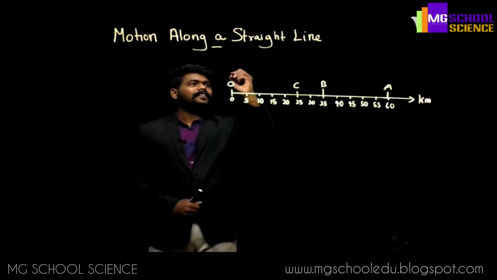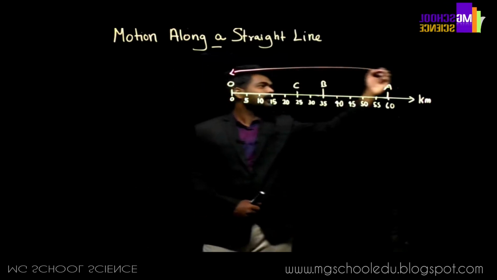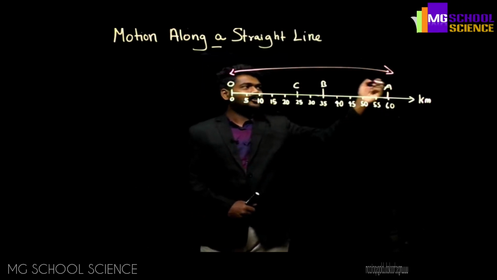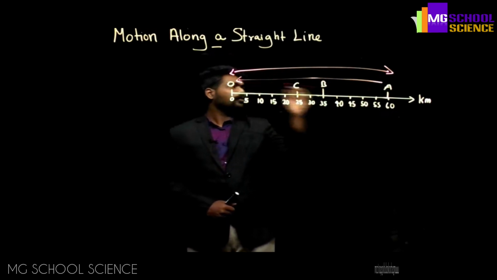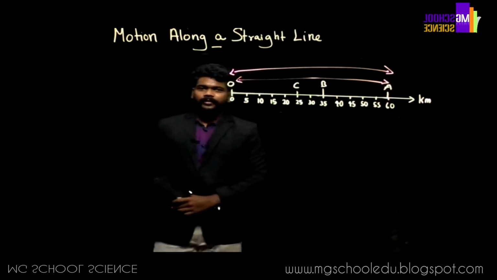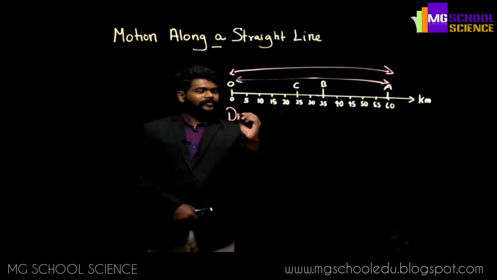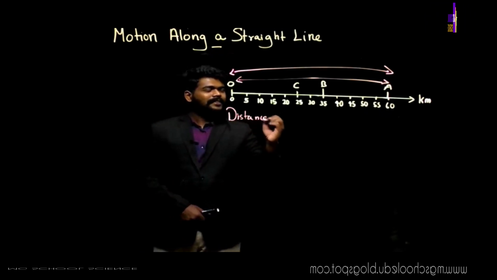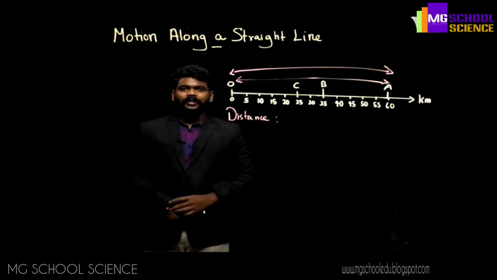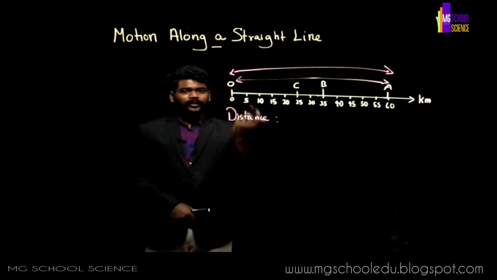Consider the object traveling from O to A and back to O. Can you tell me the distance traveled by the object? The distance traveled by the object is nothing but the total distance covered, right? What's the total distance?